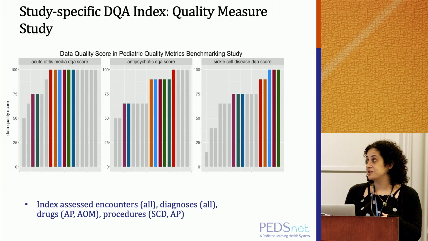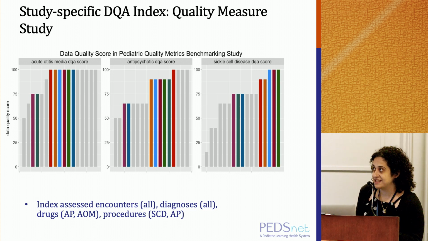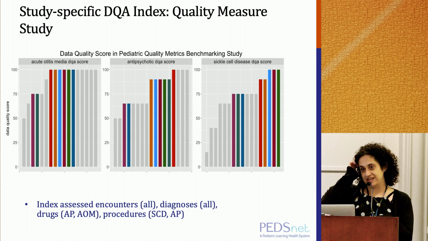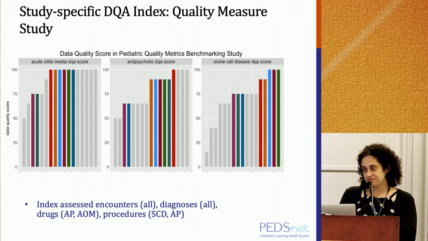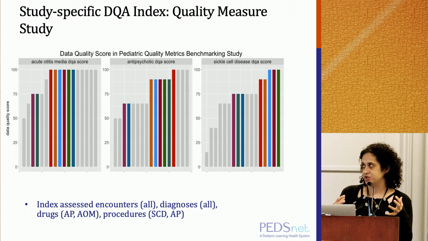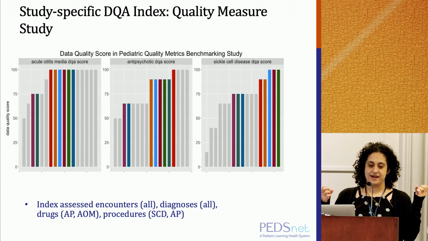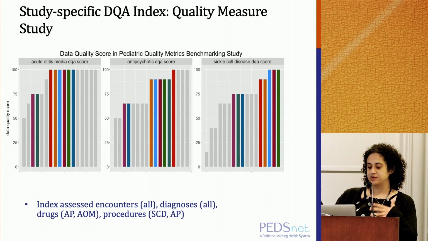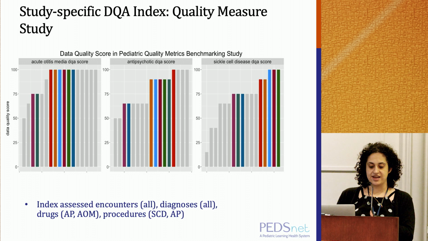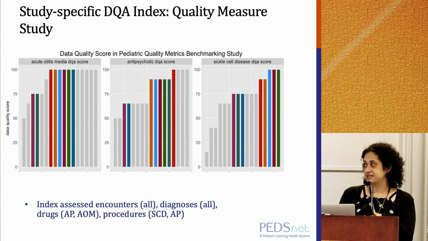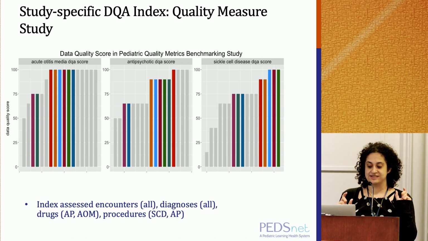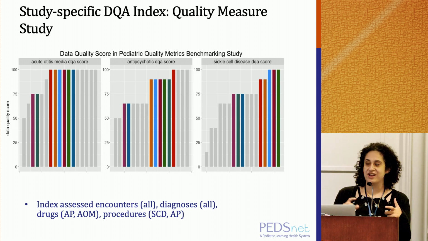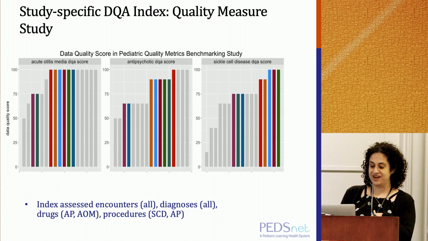fit for purpose. We actually implemented this for a benchmarking study that we did, looking at quality benchmarks for different conditions. Here it was otitis media, antipsychotic drug utilization, and sickle cell disease. And we created an index data quality score for each site that participated in the network.